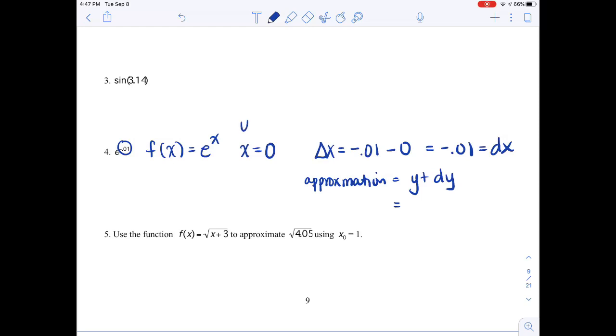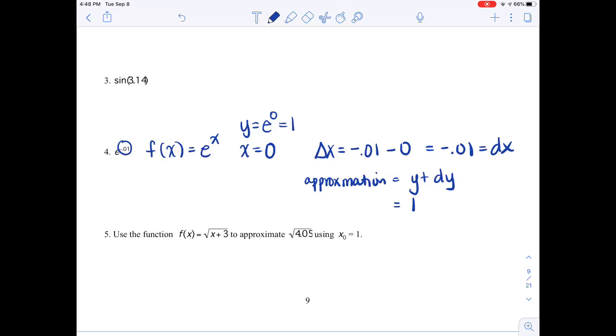Y being the value I get when I plug the x that I chose into my f of x. So in this case, e to the 0, which is 1, that's my y value. So I know e to the negative 0.01 is going to be something close to 1. A little more, a little less, I have to figure that out.